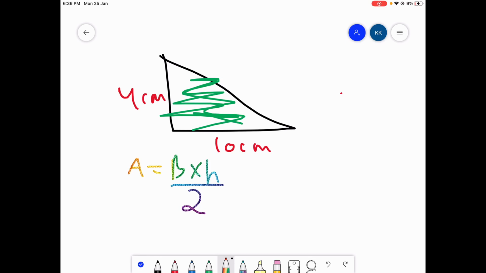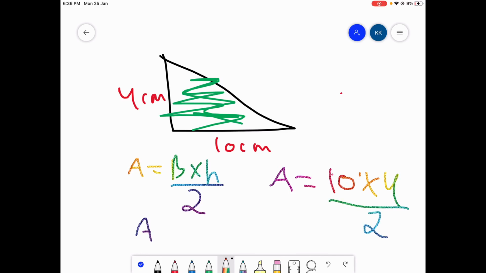A equals 10 times 4 divided by 2, which is 40 divided by 2. So A is 20 centimeters squared, because 40 divided by 2 is 20.